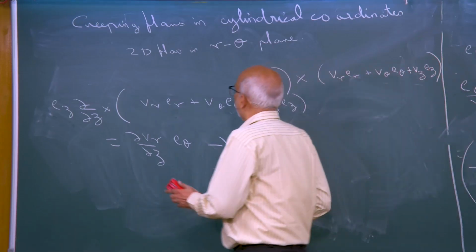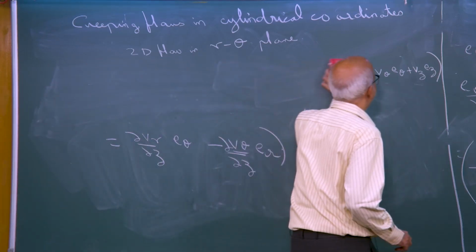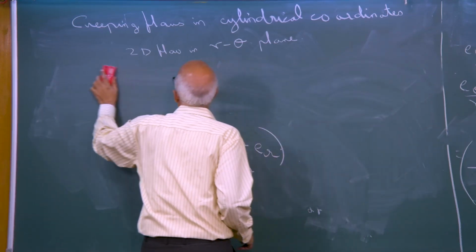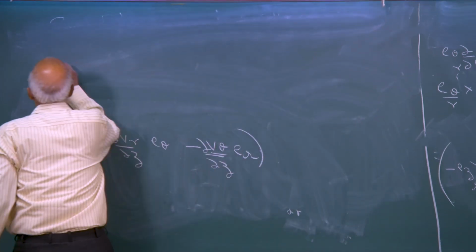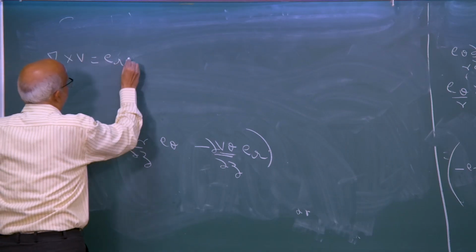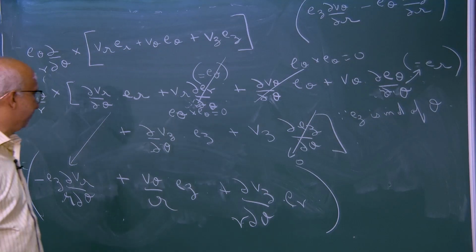Great. So, I basically have 6 terms, man. I have 7 terms. Okay. The point I am trying to make here is, if I want to do curl of V, I am going to take all the terms with Er together. Which are the terms with Er?